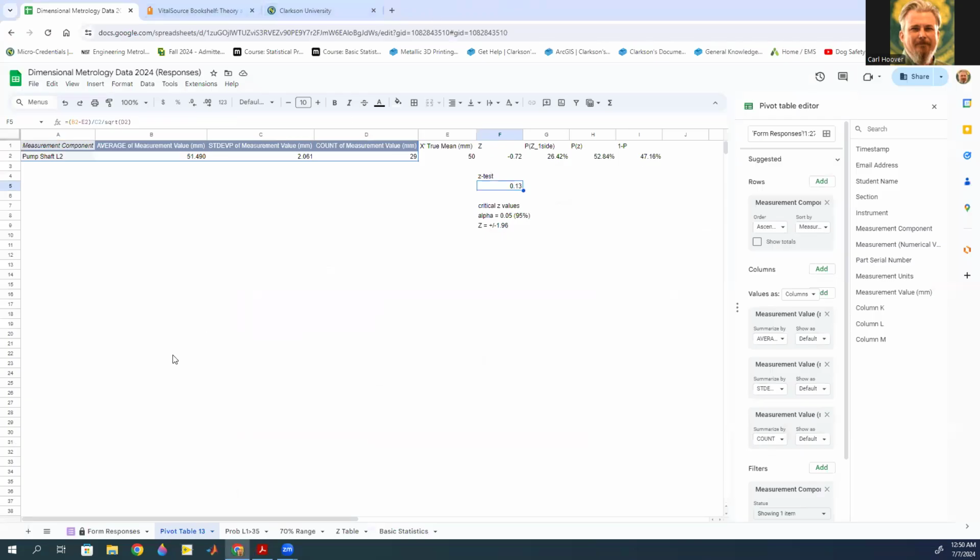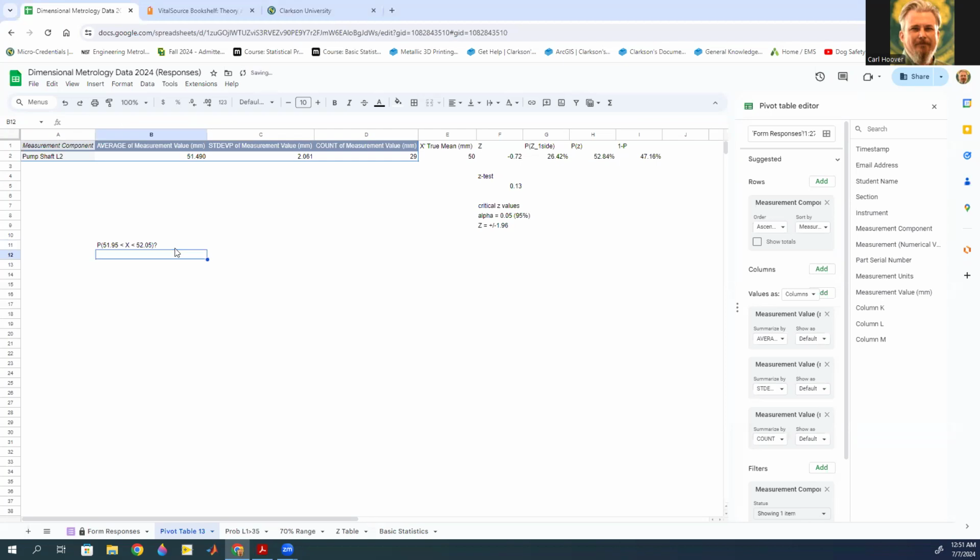And so our probability of X, we'll put it this way, 51.95 is less than X, which is less than 52.05. That's our question, what we're trying to find.